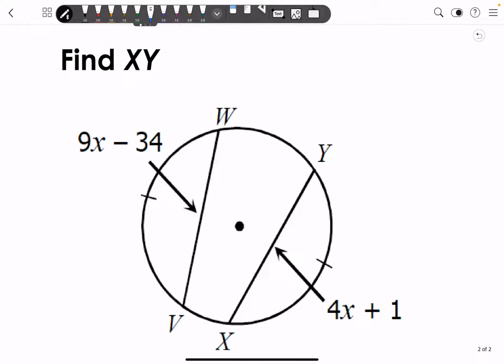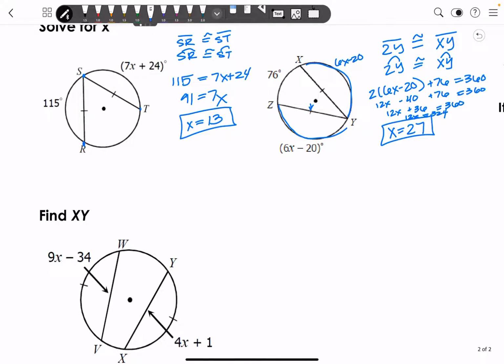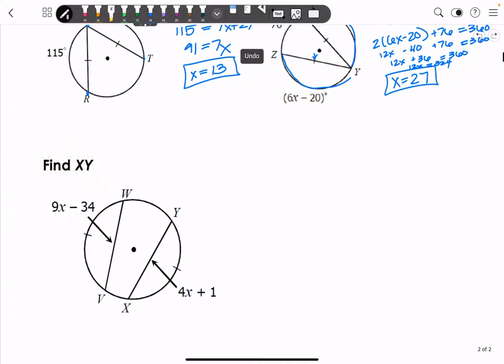All right. This one right here, same thing, and it's going to be that same process. However, what they're asking you this time is not to solve for x, but instead to find XY. So, let's do it. We know that XY right here is going to be congruent to WV.